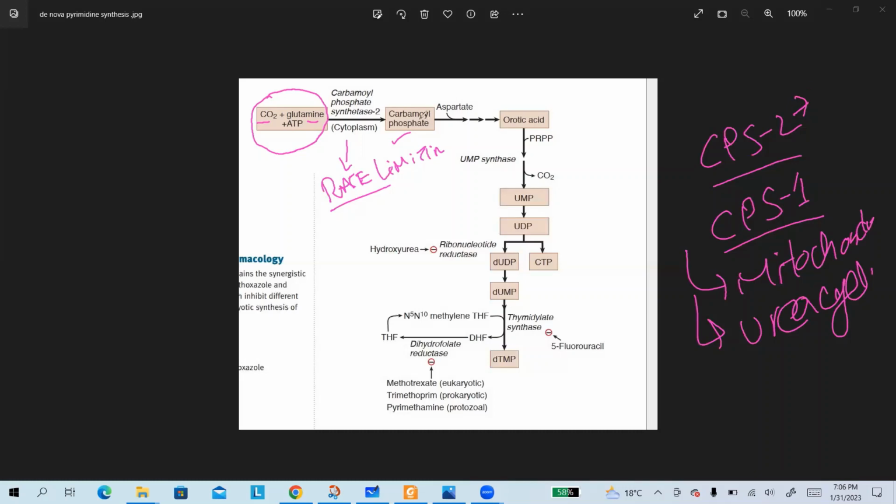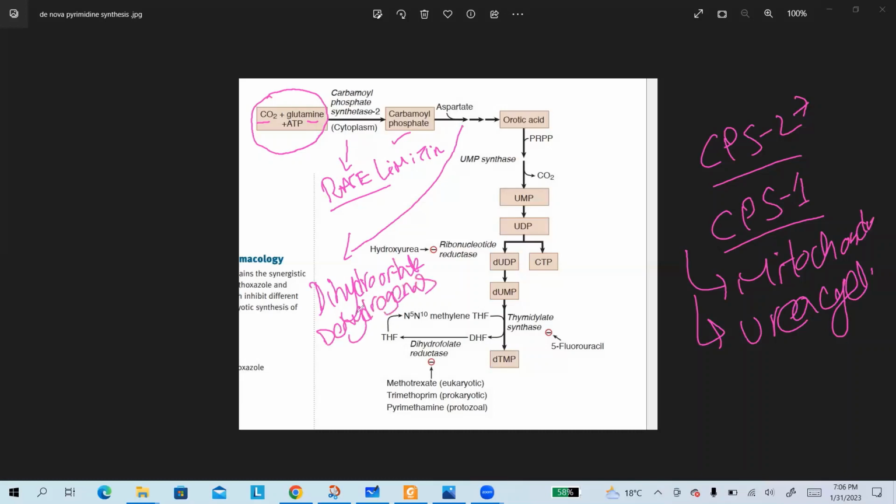So next step is carbamoyl phosphate is converted into orotic acid. This reaction is catalyzed by an enzyme called dihydroorotate dehydrogenase.